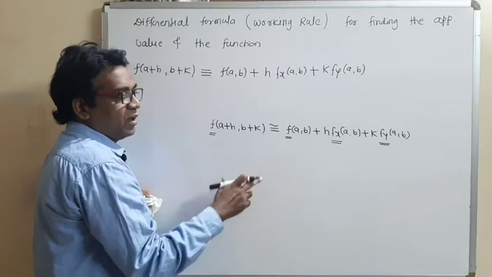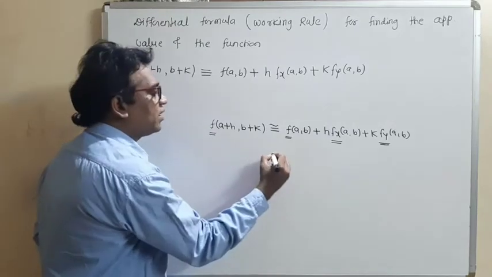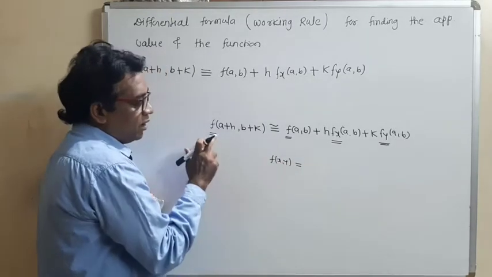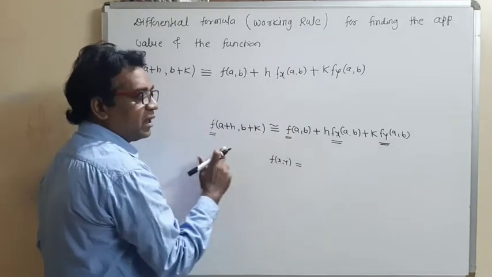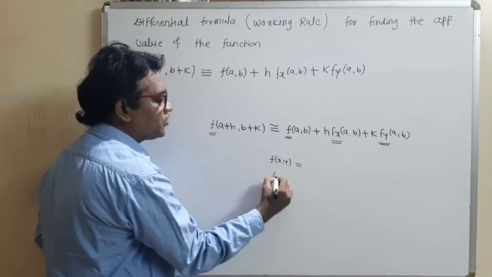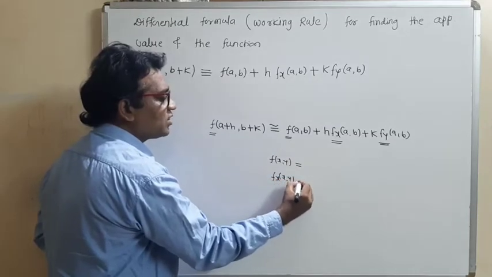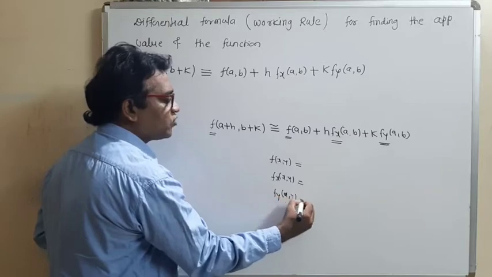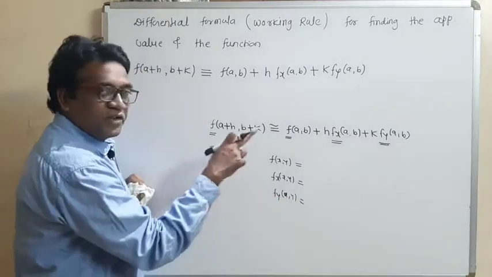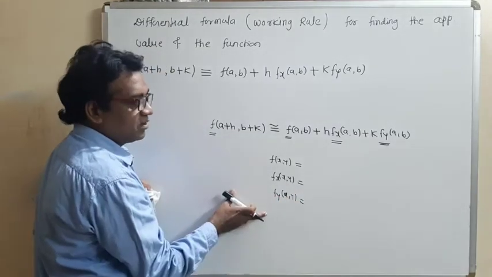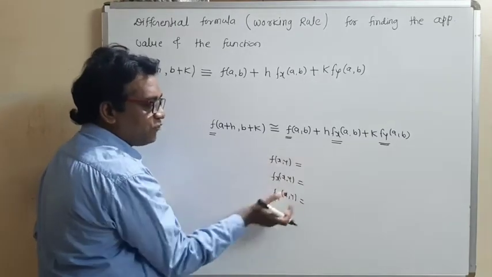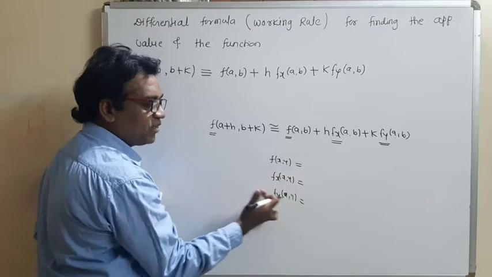From the given function f, we can find the partial derivative fx at xy and the partial derivative fy at xy. So this formula contains three functions: f, and from f we can find fx and fy.